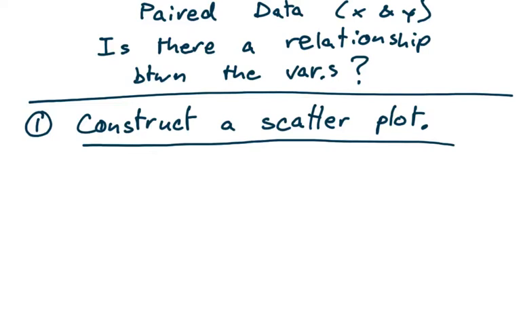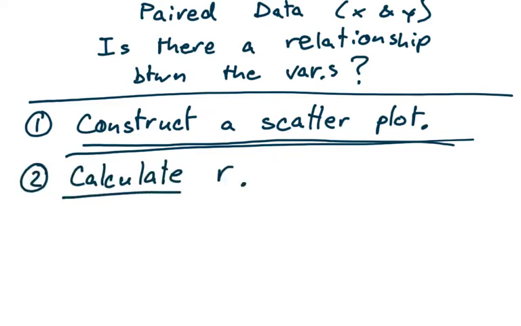So our scatter plot will at least tell us if we have to continue, right? Sometimes if there's no relation apparent from our scatter plot, then we just stop and we don't even proceed further.